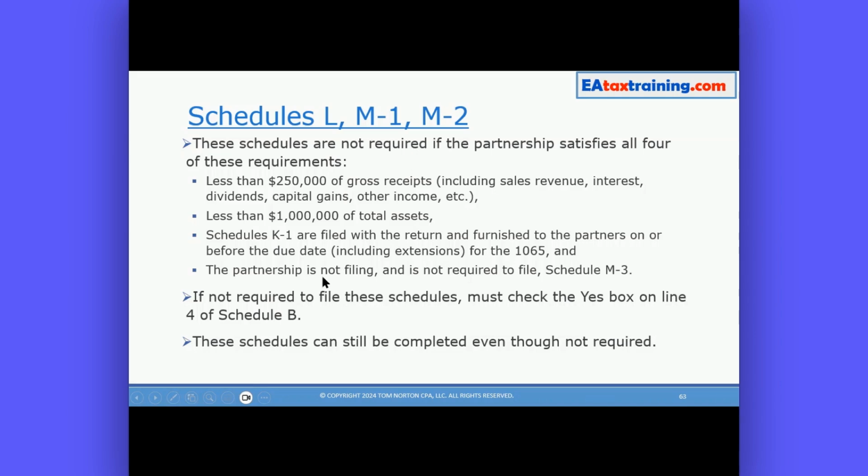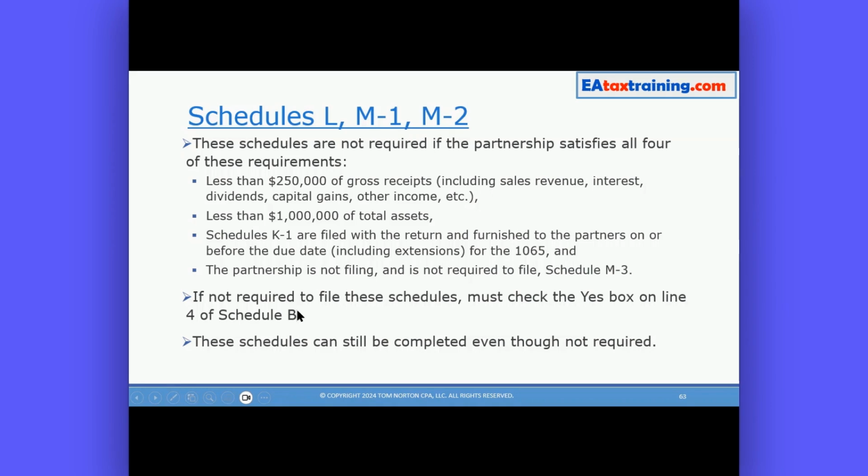And the partnership is not filing and is not required to file schedule M3, and that's for large partnerships. So if you meet these criteria, in other words, if you're what they're going to consider a very small partnership, then you don't have to file schedule L, M1, and M2.